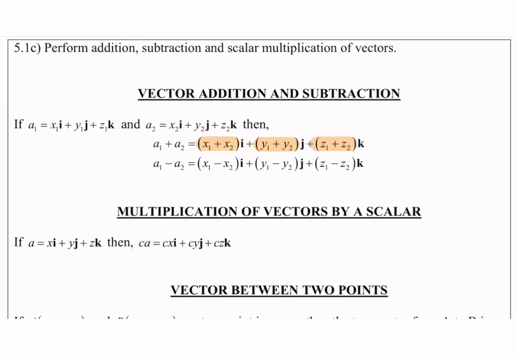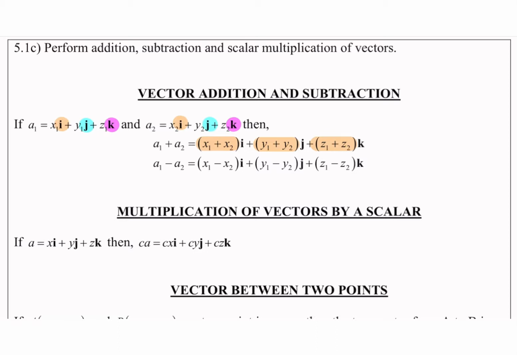So maksudnya yang mana dengan I kita tambahkan mereka, yang mana dengan J kita tambahkan mereka, yang mana dengan K kita tambahkan mereka. Okey, so dia akan jadi macam itulah. (x1 plus x2)i tambah (y1 plus y2)j tambah (z1 plus z2)k. Kita tambah yang common unit vector dia.